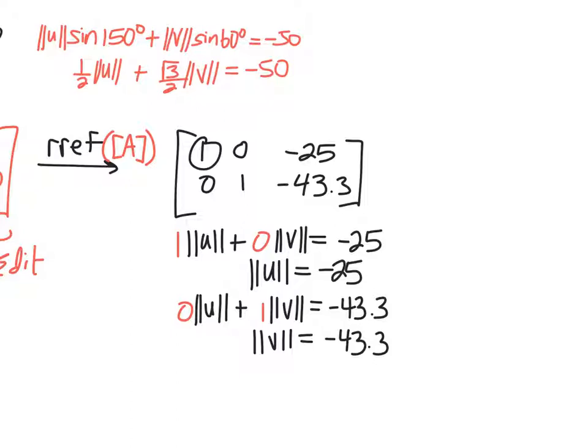We established the positive direction as being downward. So these are simply in the opposite direction. But all we need are the absolutes of these. So we would conclude that u would be 25 pounds. I think they were pounds. And v would be about 43.3 pounds.